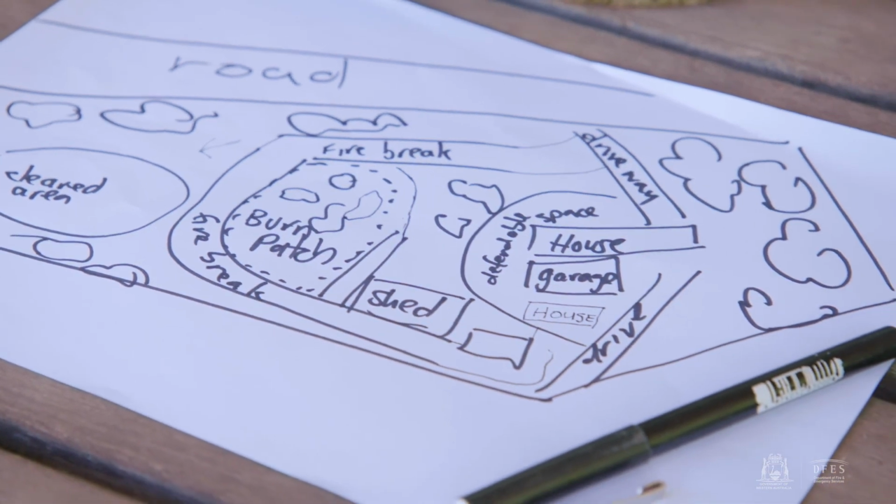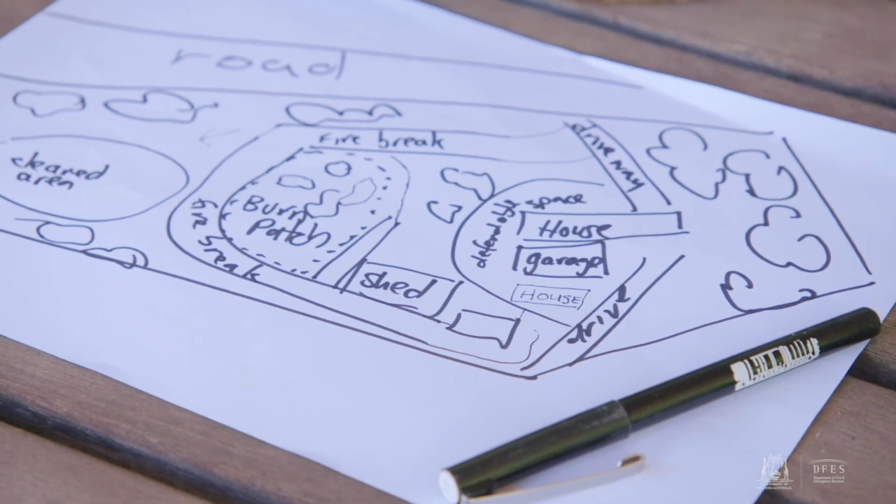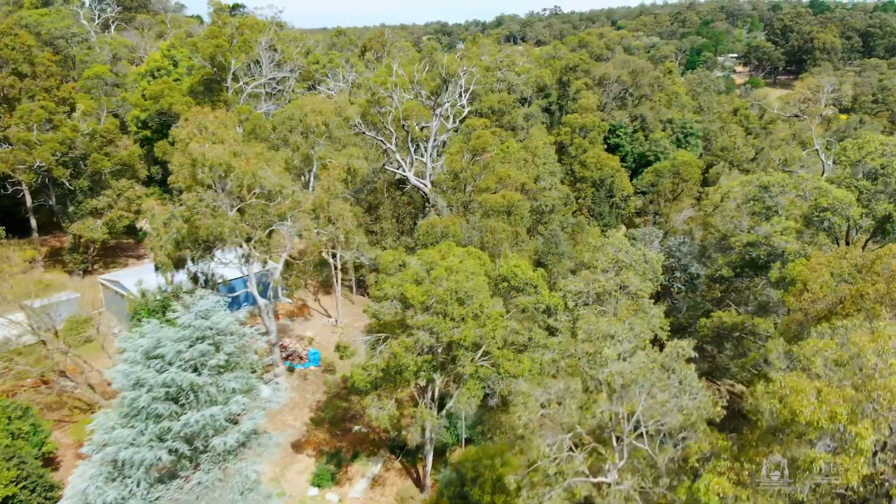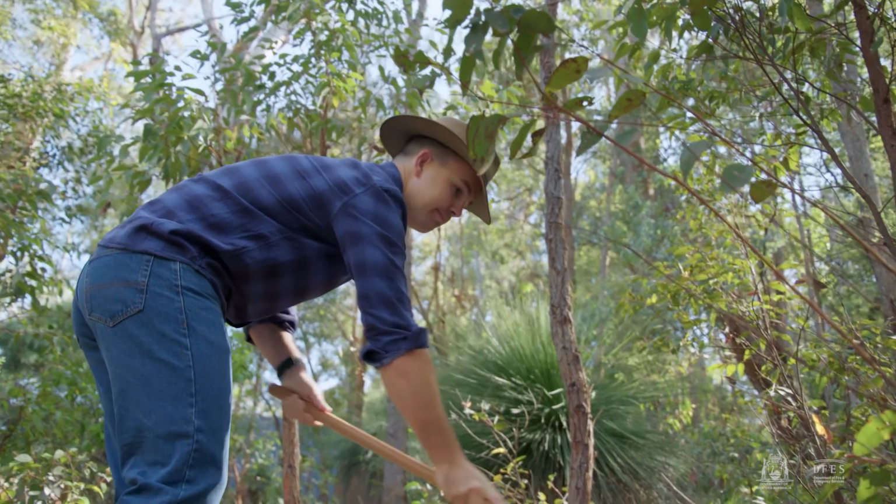From this, you need to identify separate burn patches, which are at least 10 metres from buildings or other assets, 1 metre from other burn patches, and separated by fire breaks, roads, pathways, rocky outcrops, or any other landscaping that won't burn. You can also rake pathways through larger patches to help break them down into manageable sizes.